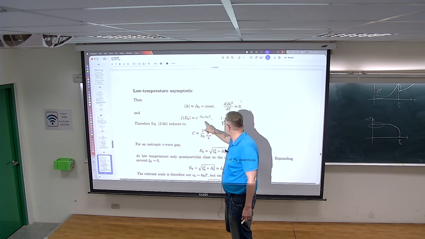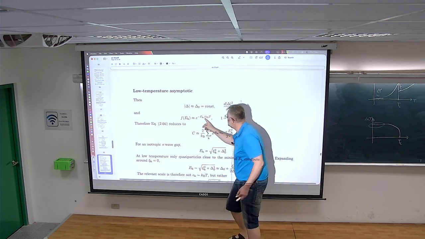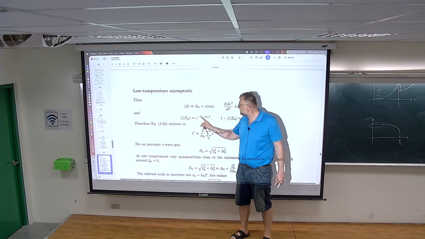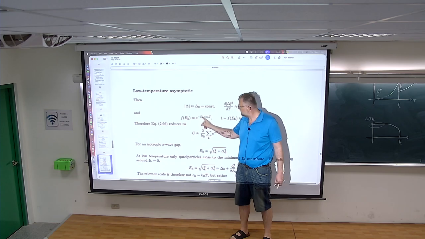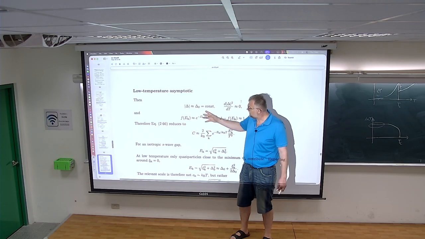But now we are seeing which energies will matter. The dominant contribution is coming from the energies which are close to 0, or the minimum of that. If ε_k is very, very large, e to the minus large number divided by very, very small number is an even larger number.